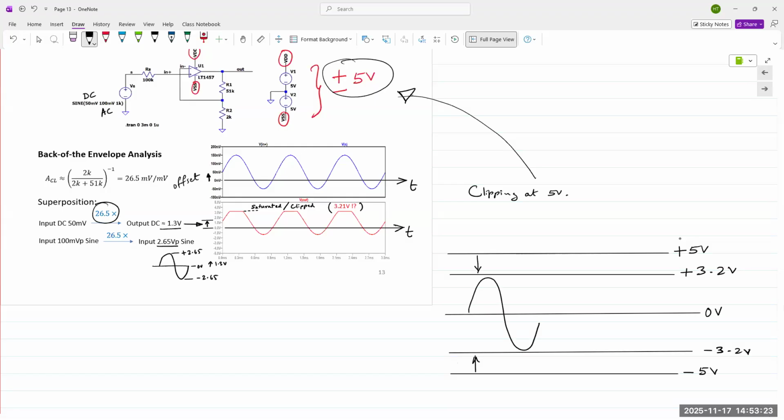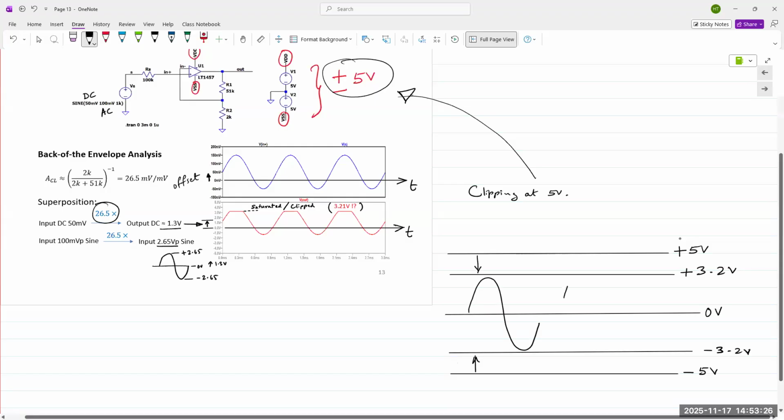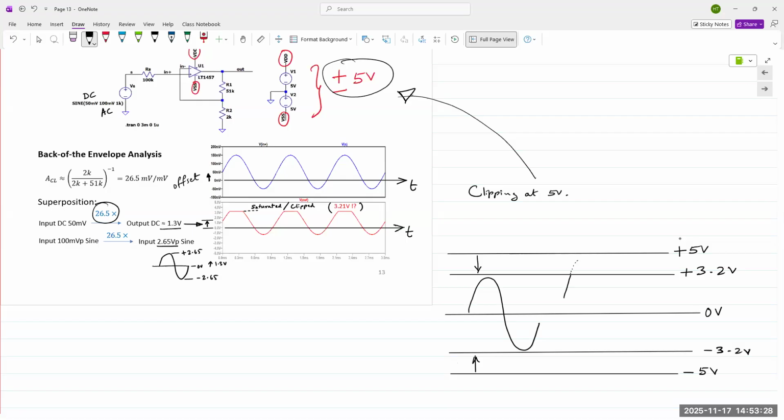However, if you now apply a DC offset and your waveform starts here, something like this, and so that top portion is clipped. Does this diagram make sense to answer your question? And these numbers, I'm just using them from the simulation itself.